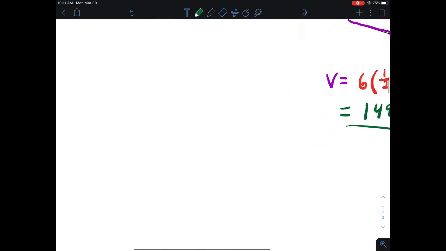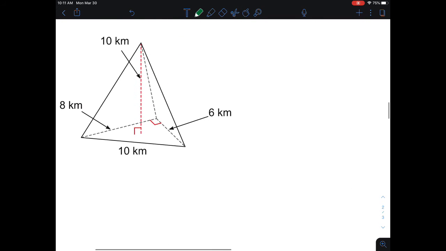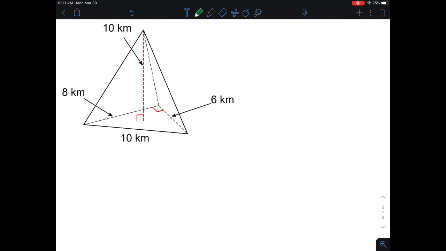Let's go to another one. All right, I'm looking at this problem, and I see my base here at the bottom. And from the base, everything goes up to a point. So this has to be classified as a pyramid.